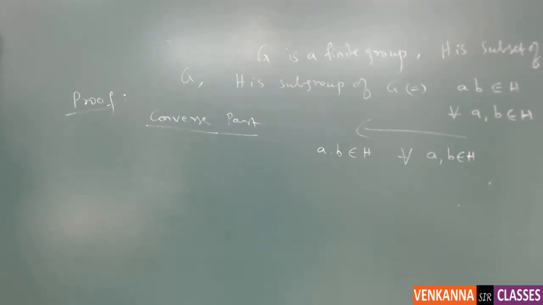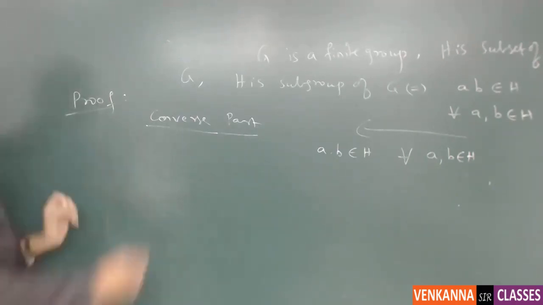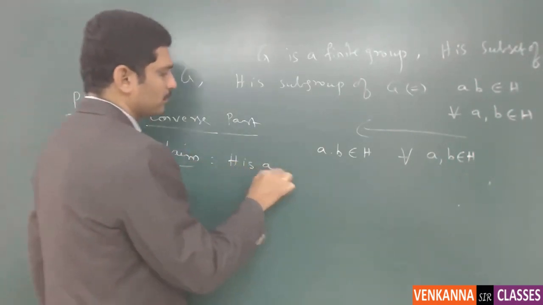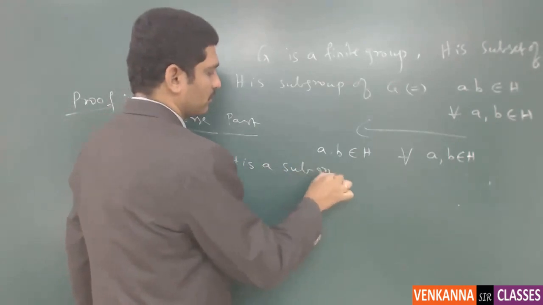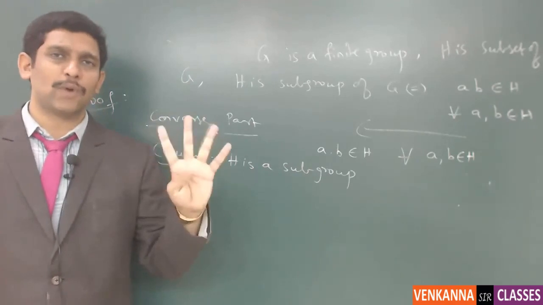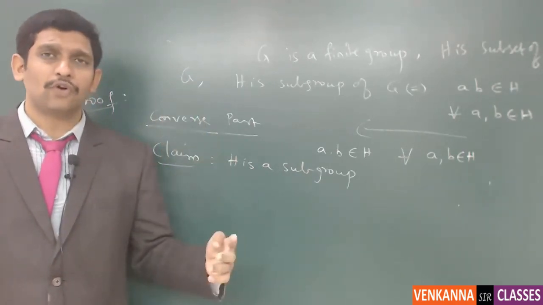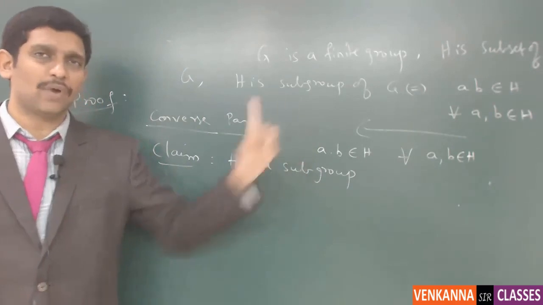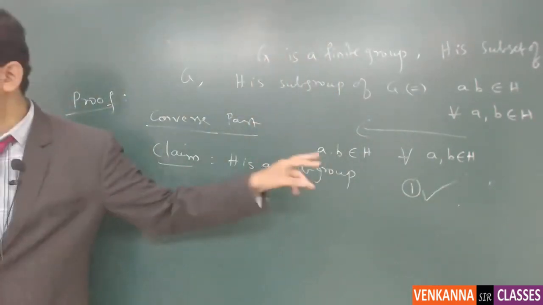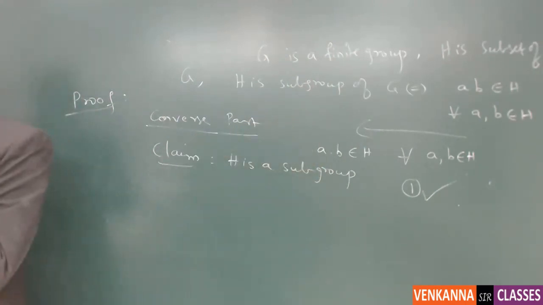The elements may be equal or unequal, distinct or not distinct, whatever the case may be, it satisfies the closure law. So if you want to prove that H is a subgroup, you have to show H satisfies four properties. Among the four, already one property is given in the problem. The closure law is also given in the condition.